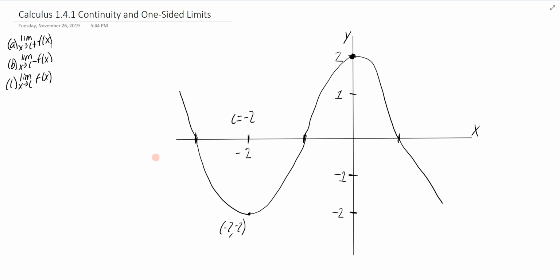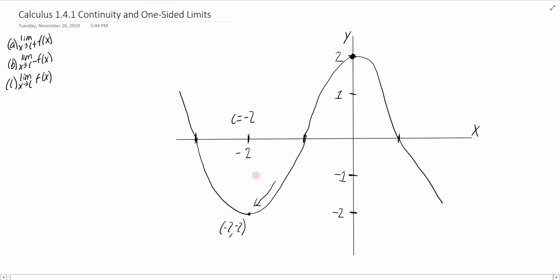Now, part A here, we're being asked the limit as x goes to c plus f of x. Now, this means, again, that we're just evaluating what's the limit as x goes to c from the right of f of x. So in this case, c is negative 2. And if we're looking from the right of negative 2, we're going to be going this way. So we're going to be looking at values that are less negative than negative 2, and then going closer and closer and closer to negative 2.